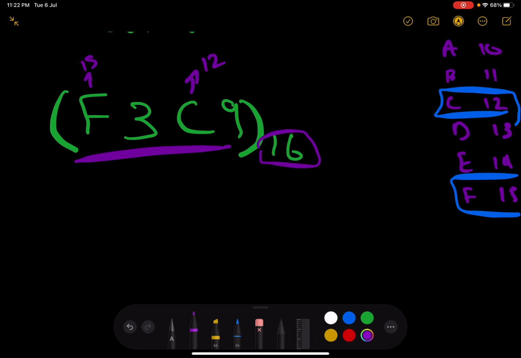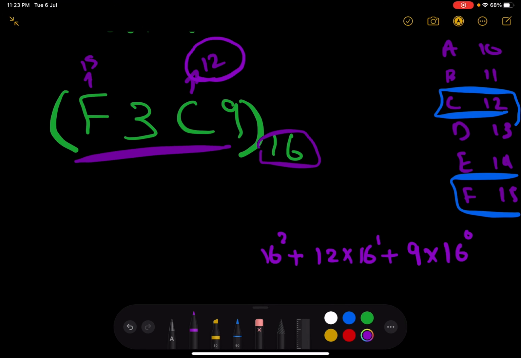So starting with 16 power 0 times 9, the first digit, and then we will add to it, you don't take C, you take the value of C in the decimal system. So 16 power 1 times 12, then you add it to 16 power 2, incrementing the exponent of our base.